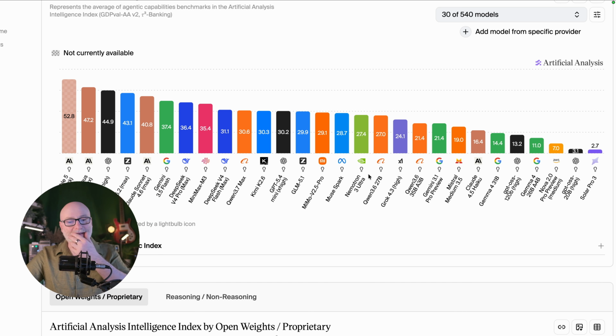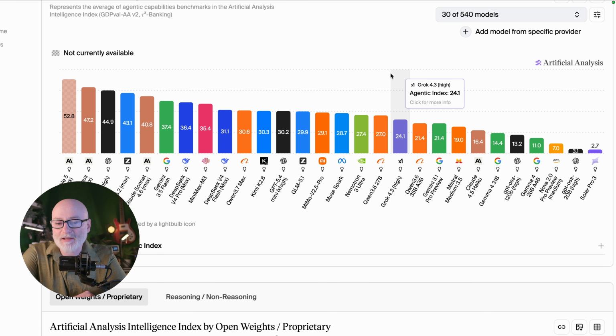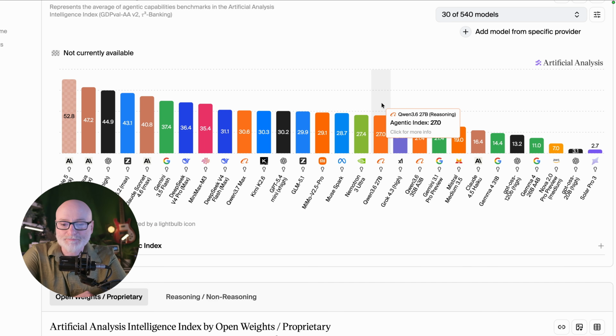The problem here is this Qwen 3.6 27 billion is an ideal model because it can run on 35 gigabytes of RAM with a 180,000 token context window, which is pretty decent.